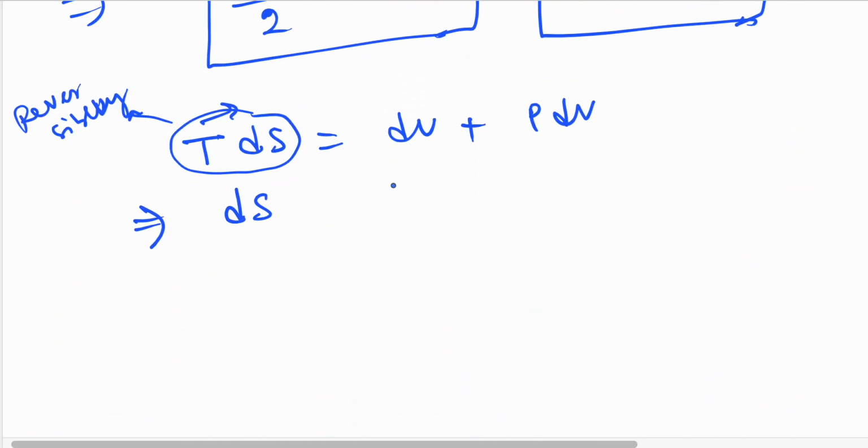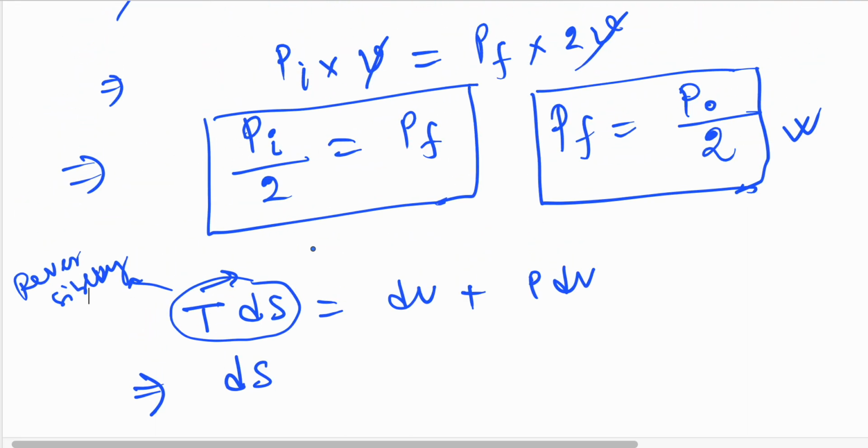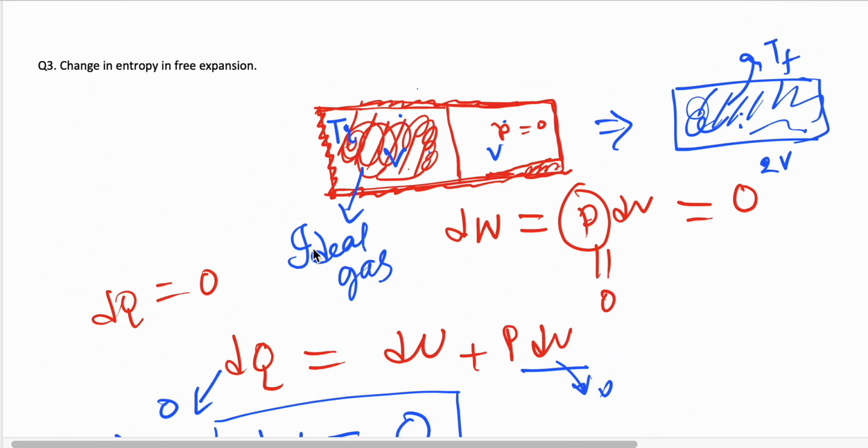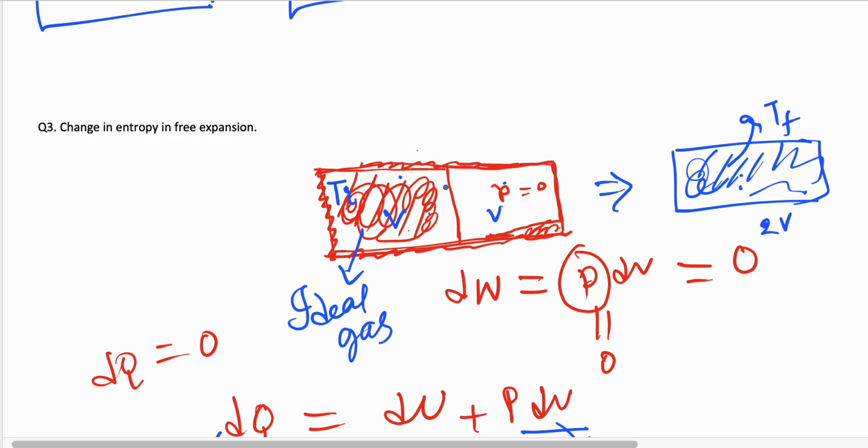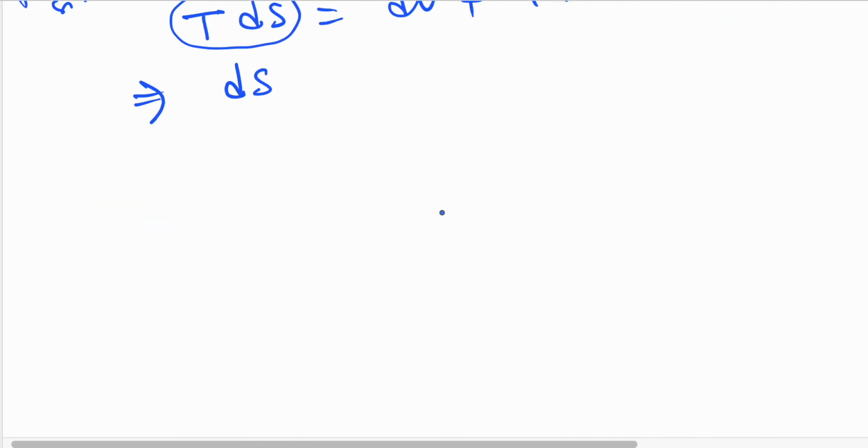And since entropy is a state dependent property, it does not depend on which path we are taking from here to here. It only depends on the final state and initial state.